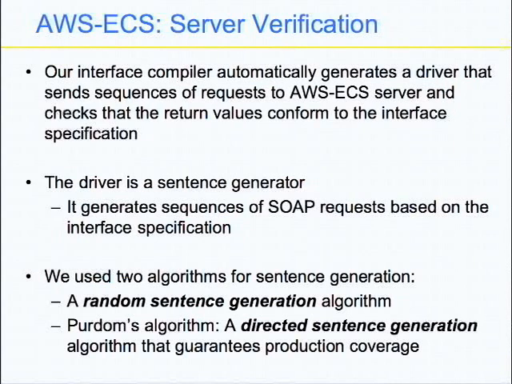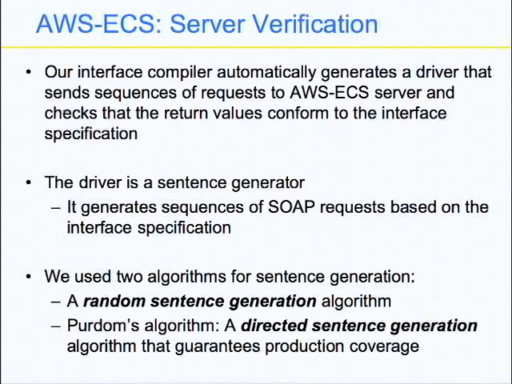So now we are doing sentence generation rather than parsing. We did two types of sentence generation. One, completely random: randomly pick productions and generate call sequences. The other has a coverage criterion, and we try to generate sentences for that coverage. The criterion we picked was production coverage.